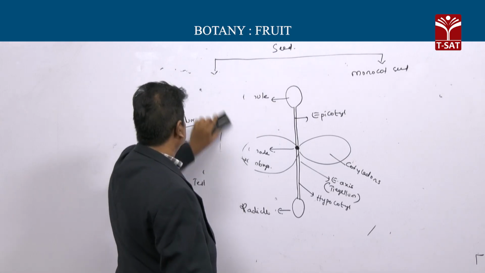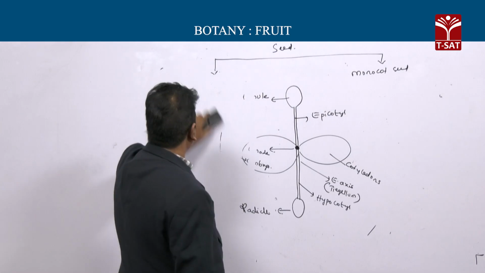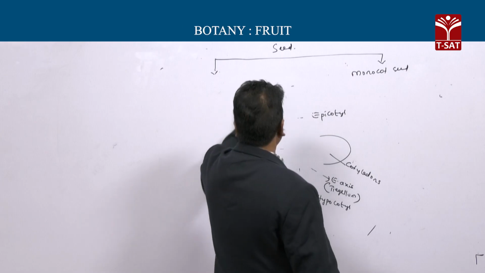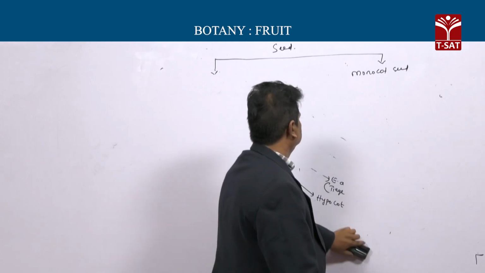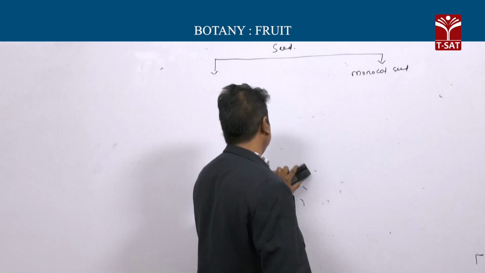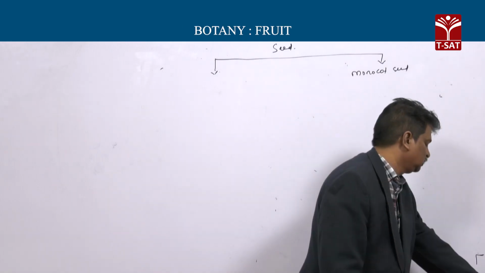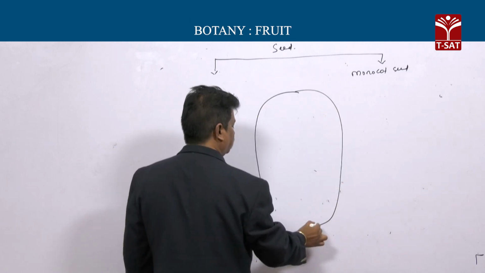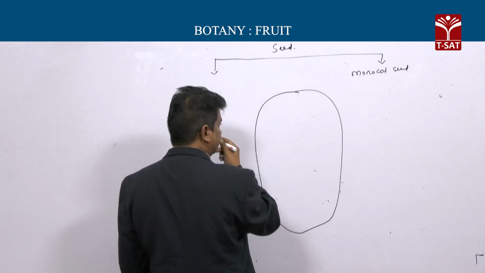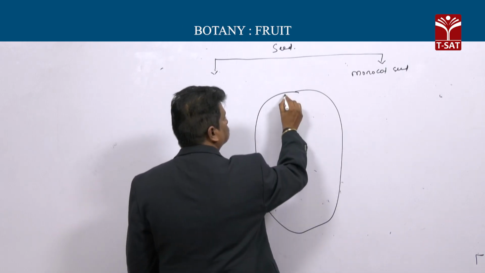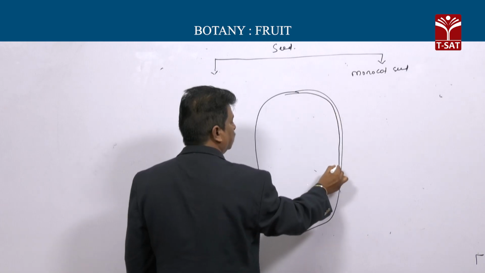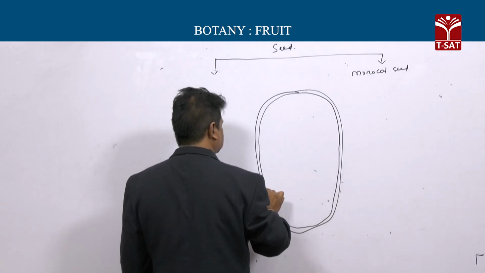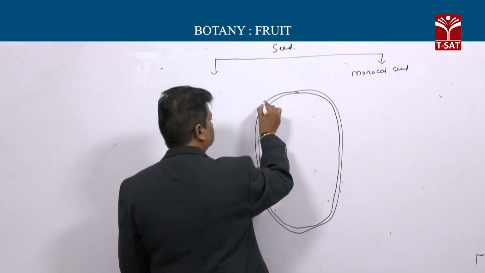Next one, monocot seed. In monocots, the pericarp is fused with the seed coat. Then generally monocot seeds are endospermic.